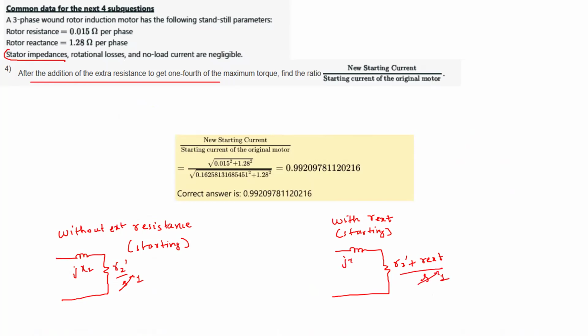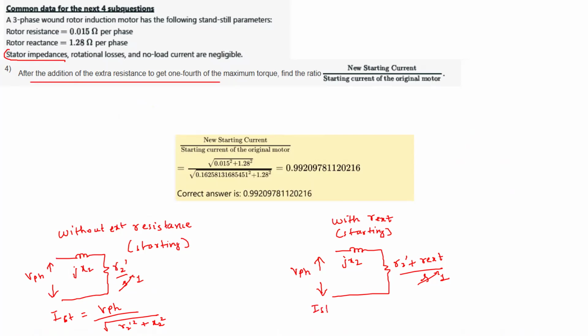And this is X2. Now let us see what is the starting current in the two cases. So the starting current is V phase by root over of R2 dash square plus X2 square.